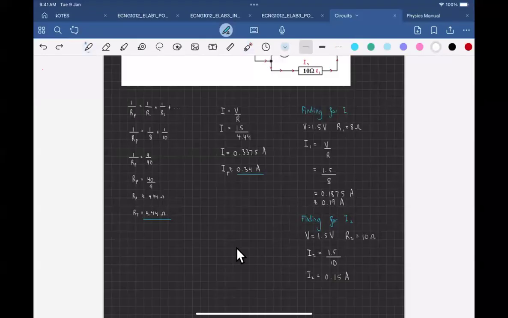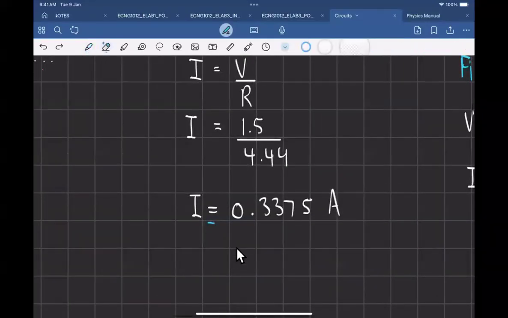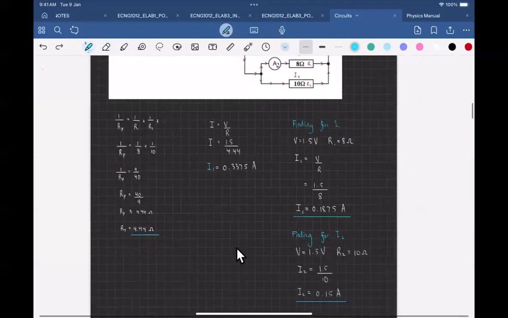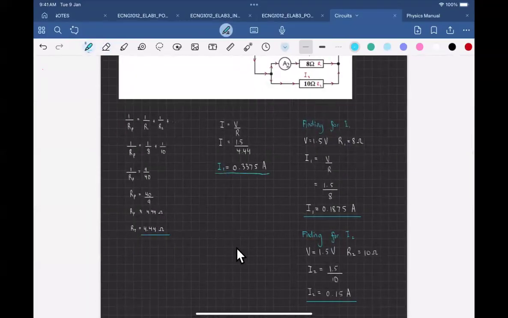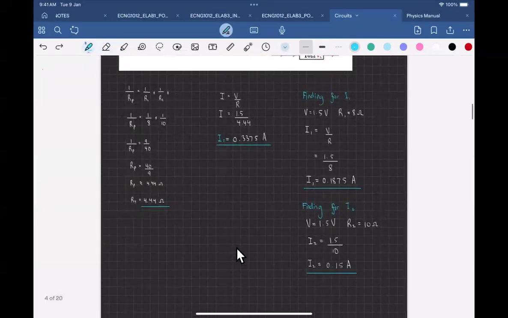What was the total current in the circuit? 0.3375. Right. So this is my total current here. So add I1 and I2 and tell me if you get 0.3375.